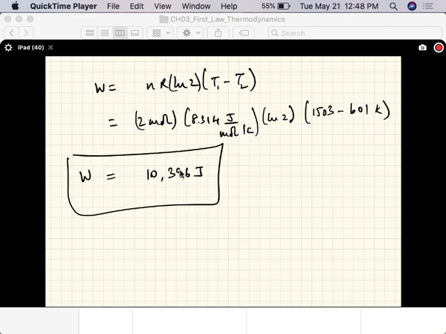So in that one cycle you did 10,400 joules of work. Any questions?